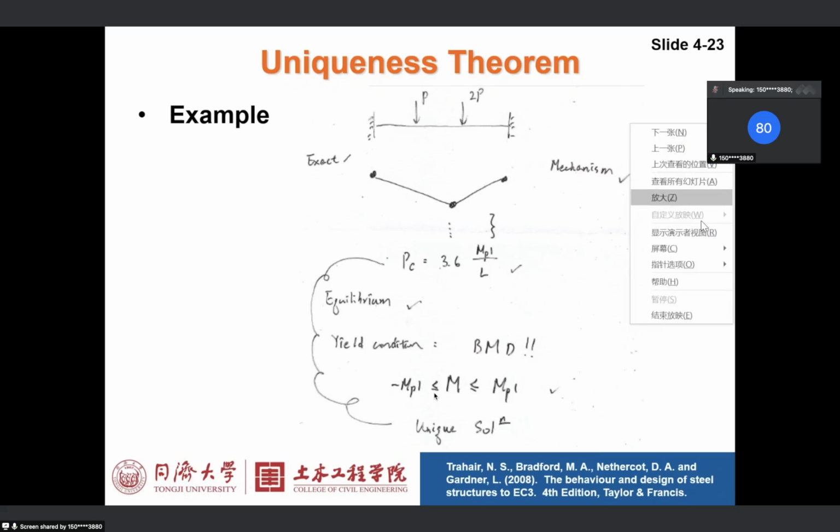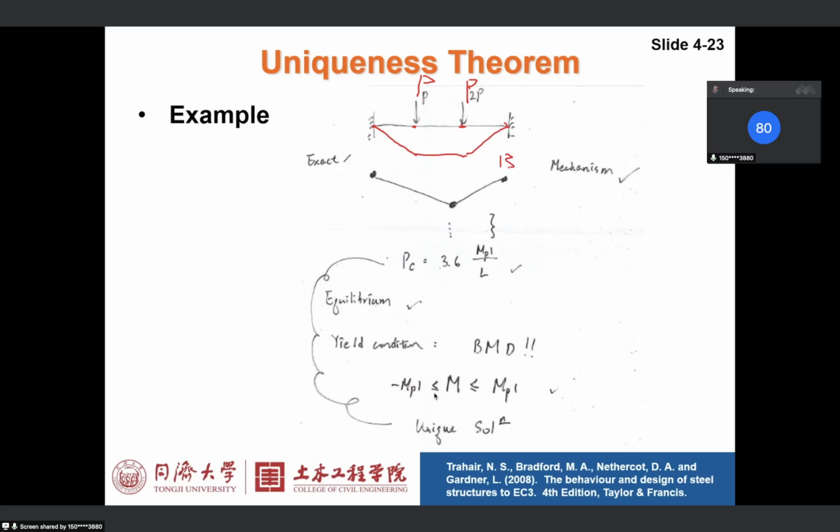Okay, if this is P, and this is P, so you have one plastic hinge here, one here, and one here, and one here. Then you have a bending moment diagram like here. And this is MPL, this is MPL, this is MPL, and this is MPL.